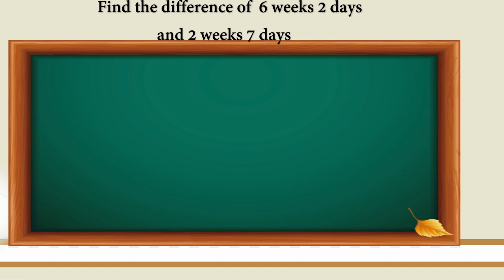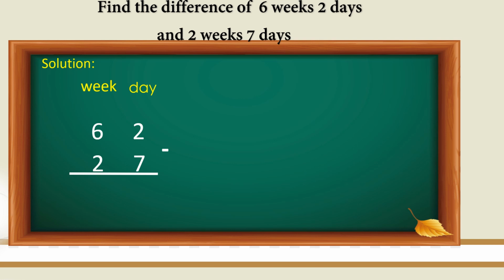Find the difference of 6 weeks, 2 days, and 2 weeks, 7 days. For our solution, let's write the two units, week and day. Then let's write 6 weeks, 2 days, and 2 weeks, 7 days. And let's write the minus sign.